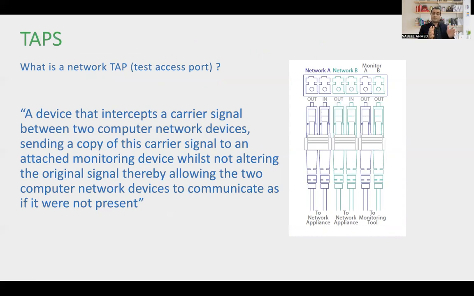Some of the switches nowadays, depending on the vendor, have a built-in tapping function, but most of them do not. Let's consider this as a device for now. What the tap is doing is just copying the signals, incoming and outgoing, and copying them to the sniffer or those tools that we saw in the first slide.